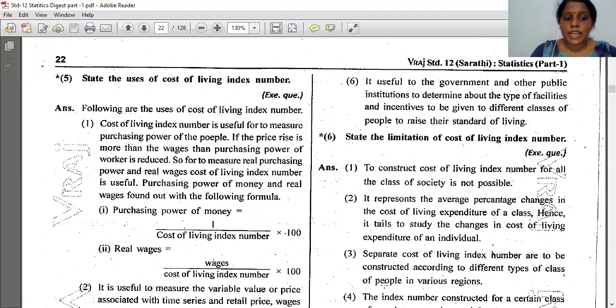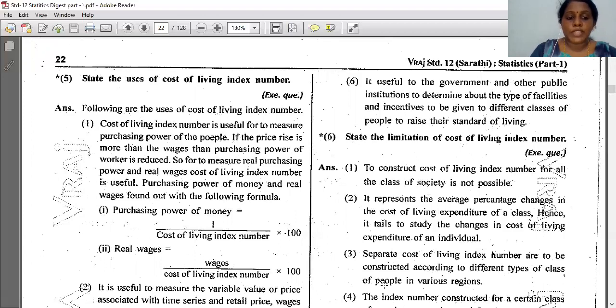If the price rise is more than the wages, then the purchasing power of the worker is reduced, right? He can't buy that. If 10,000 is the salary and the person wishes to purchase a product which is more than 10,000, like 12, 13, 15,000, it is not his capacity to purchase because his earning is only 10,000. Whatever he wants to purchase should be within that range only.